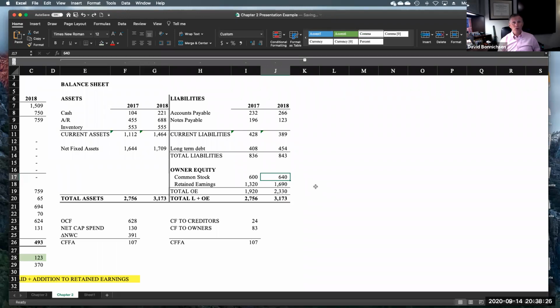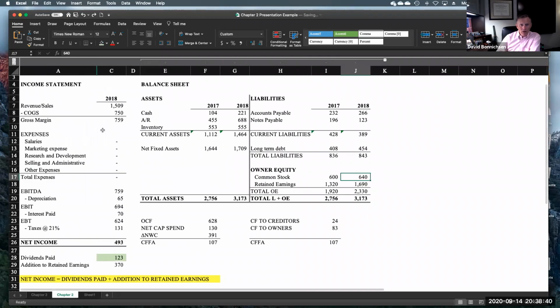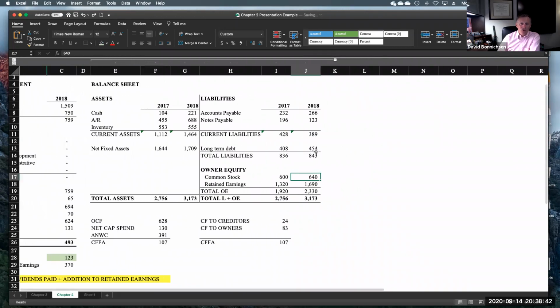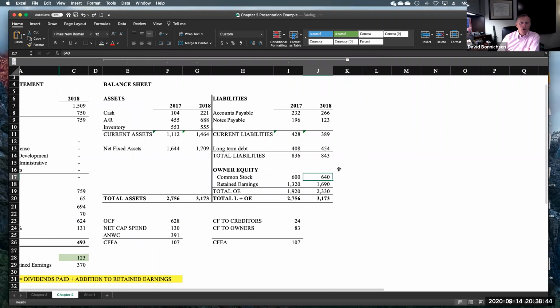So when you get into the mini case that's due by next Monday, and you're going through all the different variables that they're giving you in the table to populate the income statement and the balance sheet, you're going to have to plug somewhere.